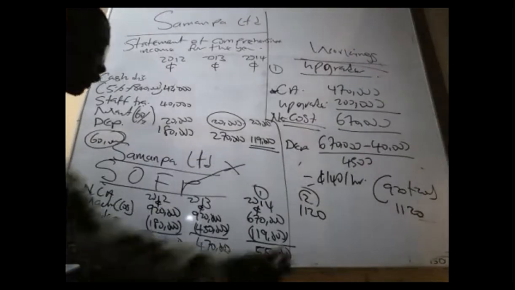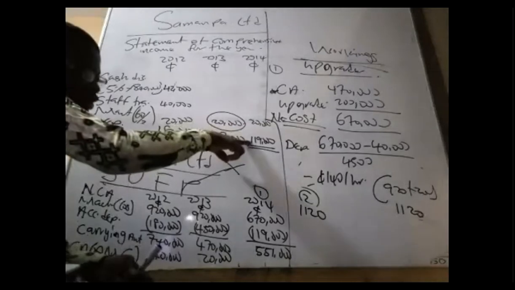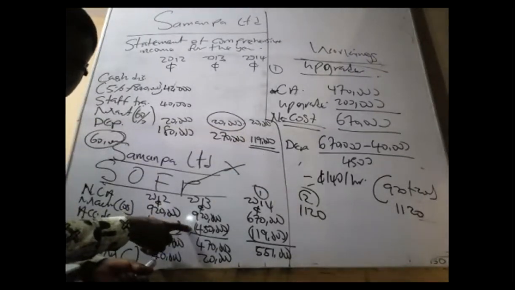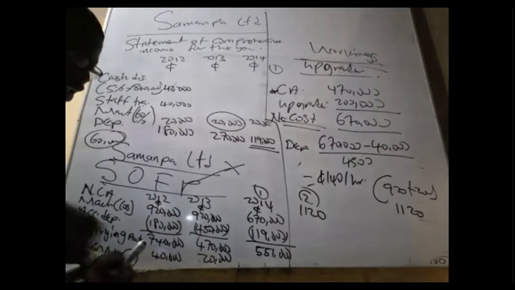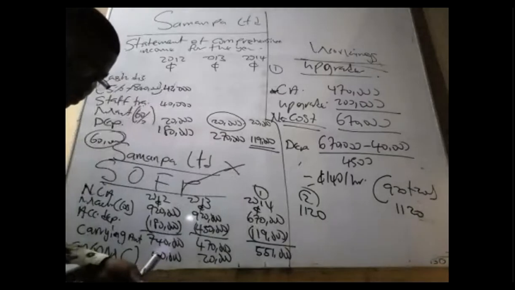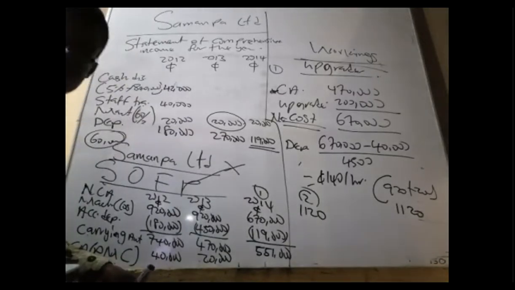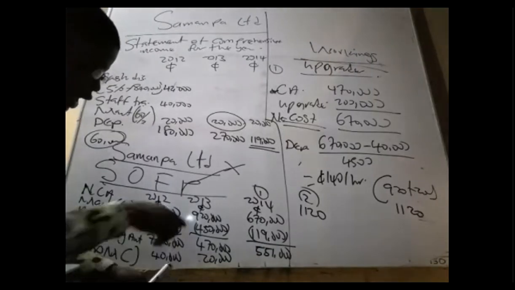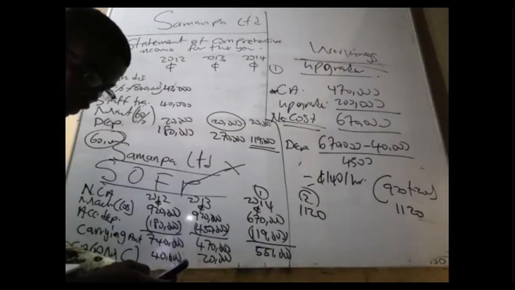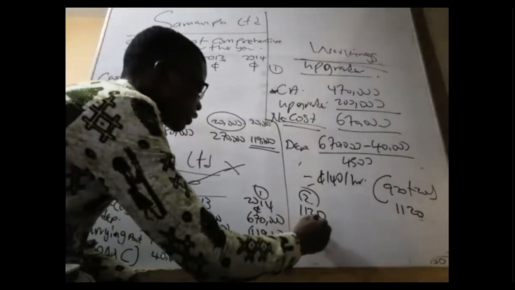Then the accumulated depreciation. This time around, you add the depreciation to the previous year's accumulated depreciation, because here you picked the overall figure, so it must contain the overall depreciation. That gives us 119 plus this 450, cumulative accumulated depreciation, which is 569.